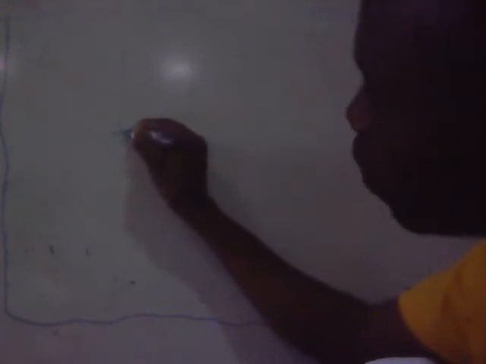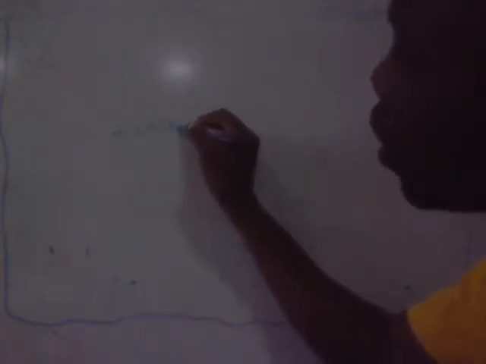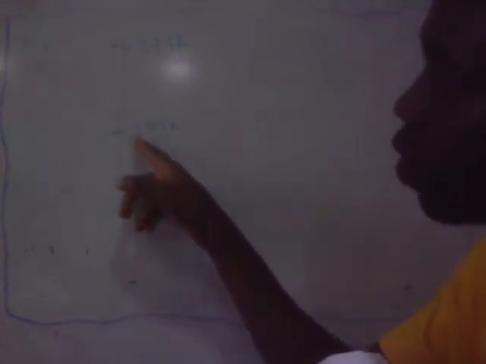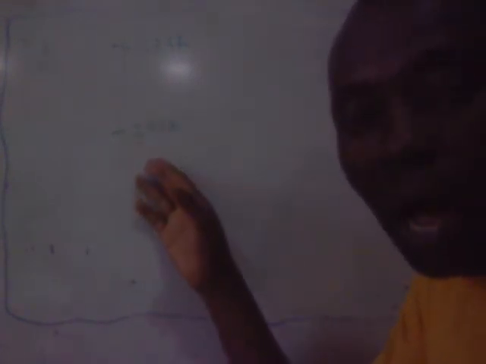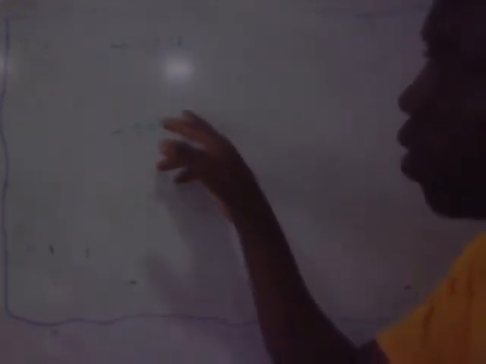On the Kelvin scale, the ice point, or lower fixed point, is 273 Kelvin, and the steam point, or upper fixed point, is 373 Kelvin. So that is where this 273 is coming from.